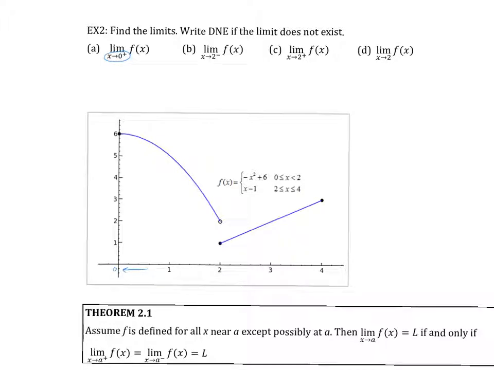As we come in from the right, on our graph, we're getting closer and closer to the y value of 6. So this is going to be equal to 6.